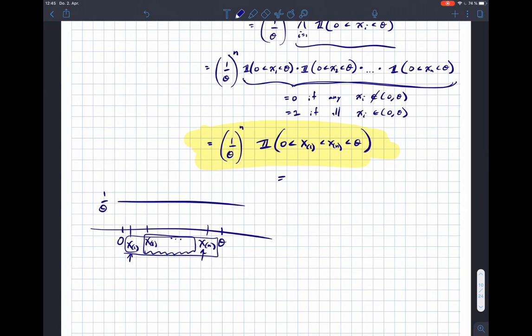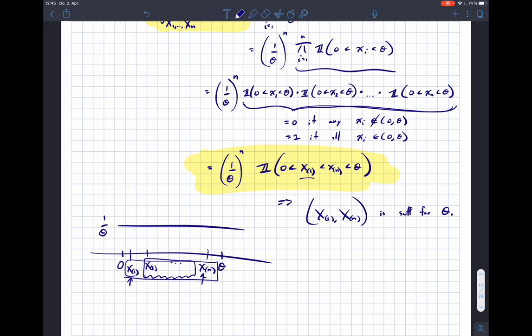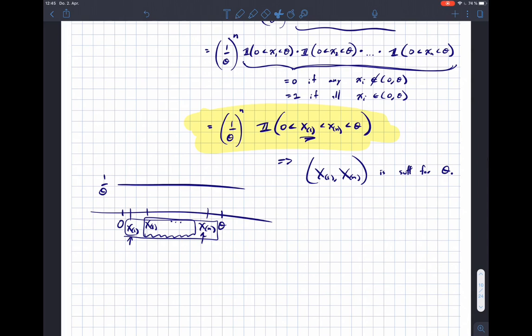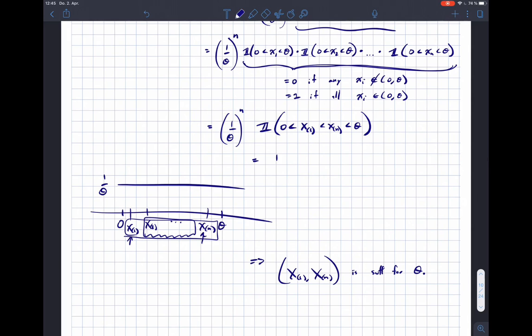Okay, so I'm able to write down the joint PDF like this, and that tells me that the pair of order statistics x1 and xn is sufficient for theta. Actually, I don't even need this first one. Let me simplify it even further. I don't actually need both of them, because I can write this as 1 over theta to the power n, times an indicator that xn is less than theta, and then I have over here that x1 is greater than 0.